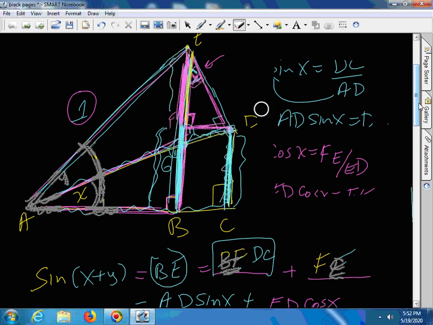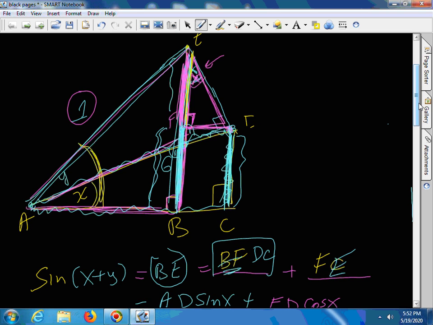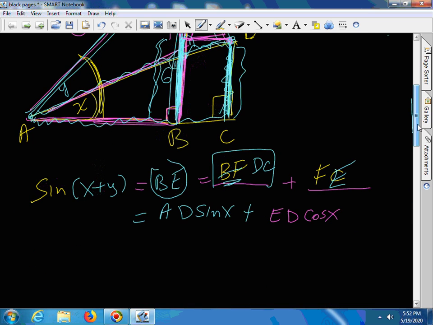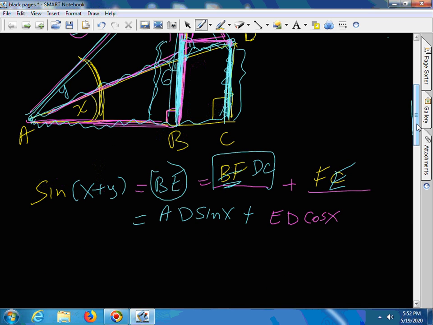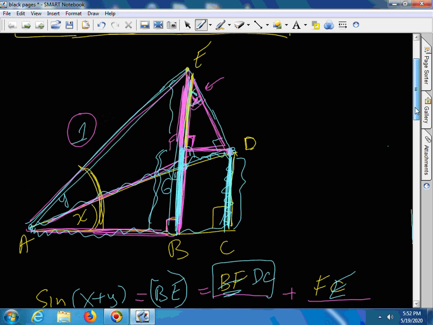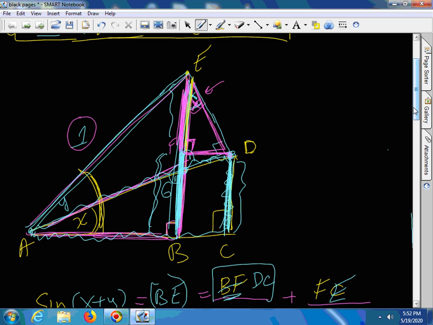But we're through the hard part. Now we really know what we want to find. We want to find AD. Well, AD is this blue side right here.